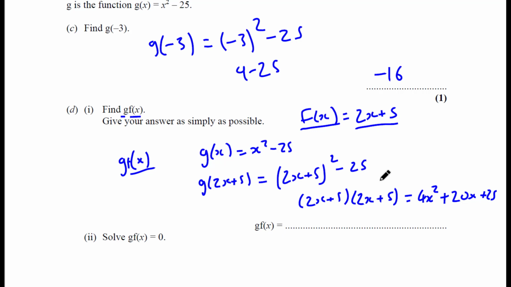So gf of x is going to be, because we need to minus that 25, 4x squared plus 20x plus 25 minus the 25. Those cancel, so you get left with a final answer of 4x squared plus 20x.